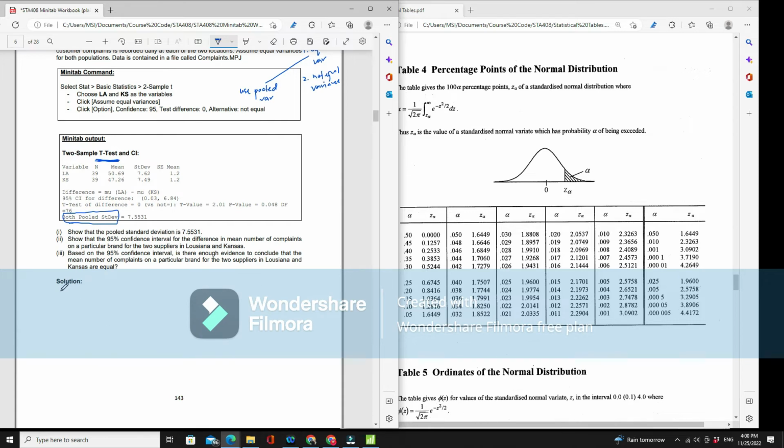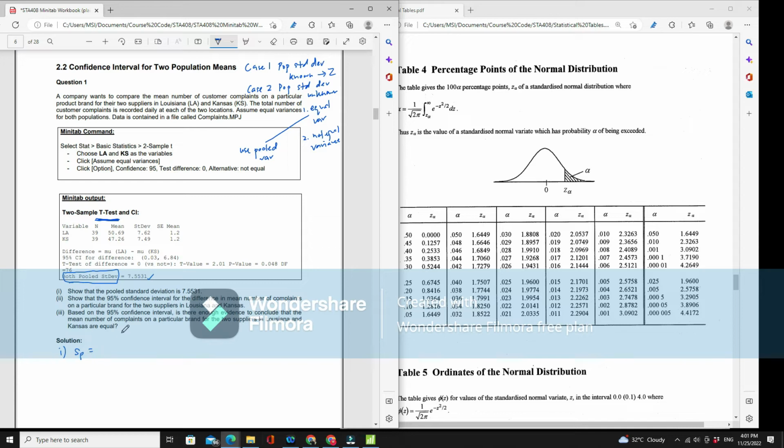The output shows that the pooled standard deviation is 7.5531. So we calculate the pooled standard deviation. The formula is the square root of n1 minus 1 times s1 squared plus n2 minus 1 times s2 squared, divided by n1 plus n2 minus 2.